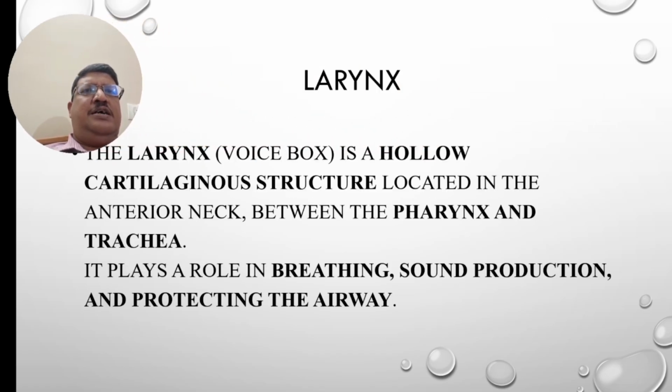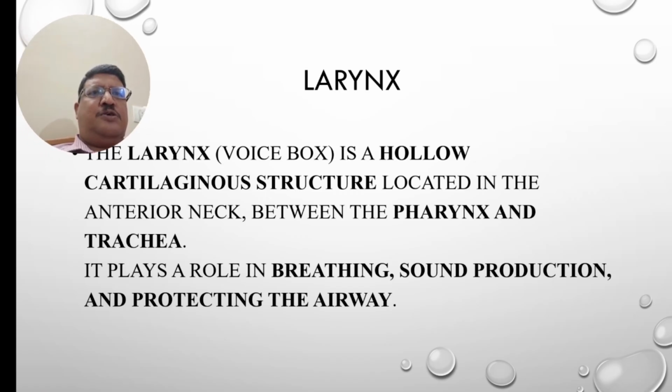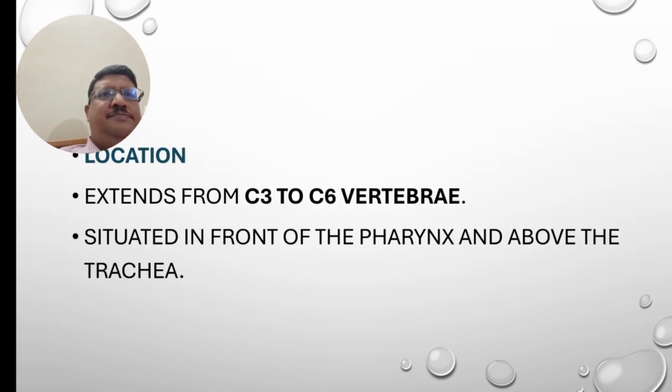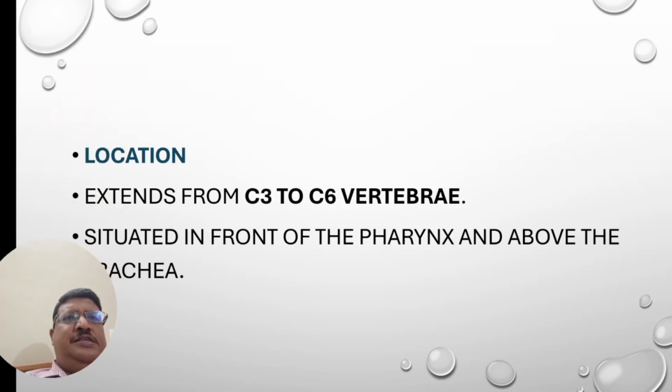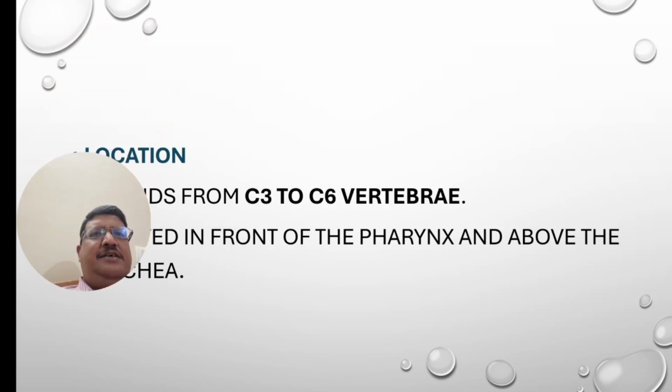Now coming to the larynx. The larynx, or voice box, is a hollow cartilaginous structure located in the anterior neck between the pharynx and trachea. It plays a role in breathing, sound production, and protecting the airway. Location: extends from C3 to C6 vertebra, situated in front of the pharynx and above the trachea.